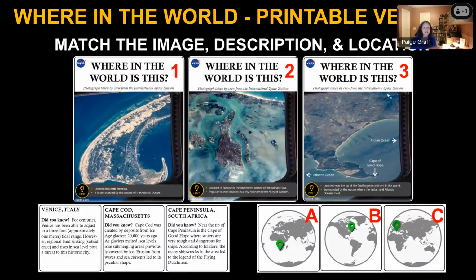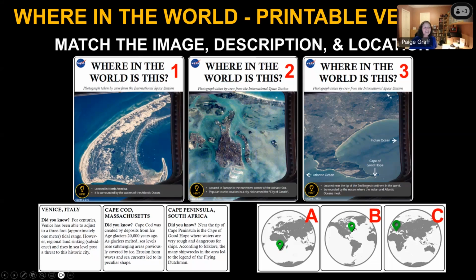So again, if you don't want to do that in an online version with some of your learners, we have a printable version where you can print out an 8.5 by 11 sheet, cut it up into the picture piece, the name of the location and the little fun fact, and then the map showing where in the world that is, so that learners can say, oh, image number 1 goes with, that's Cape Cod, and that is map B. And they can match those together, reinforcing some of their knowledge.